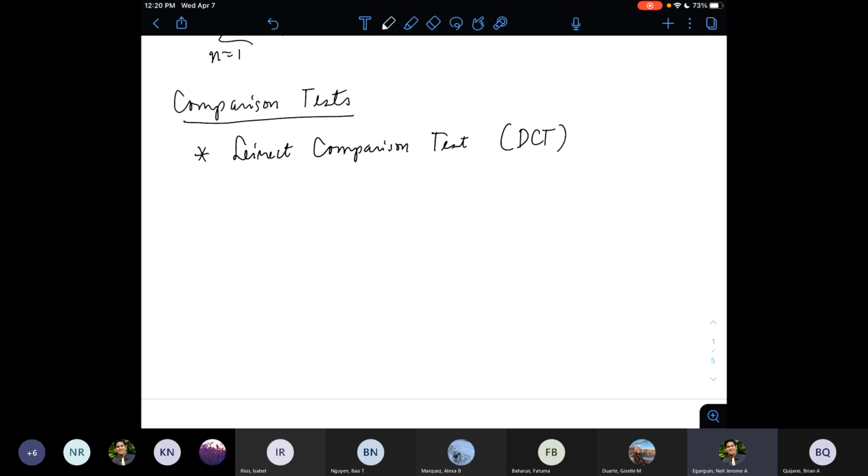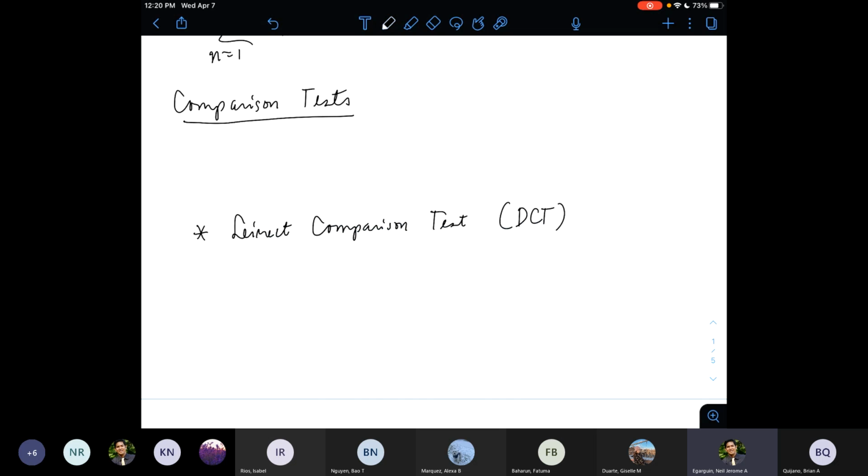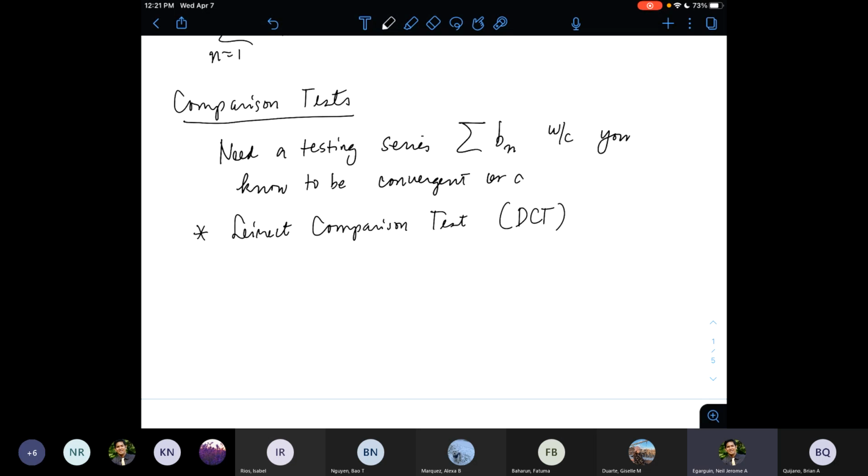And in both versions of the comparison test, you need a testing series. Let's call the testing series Bn, which you know to be convergent or divergent, right? So you need to think of a testing series, say Bn, but make sure that you know whether that converges or diverges.